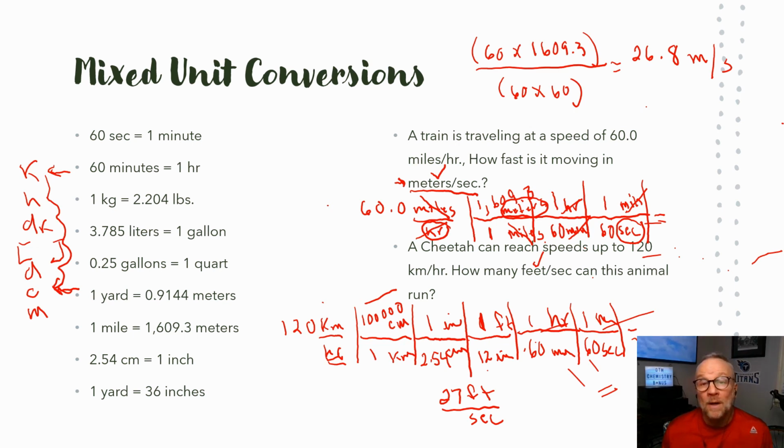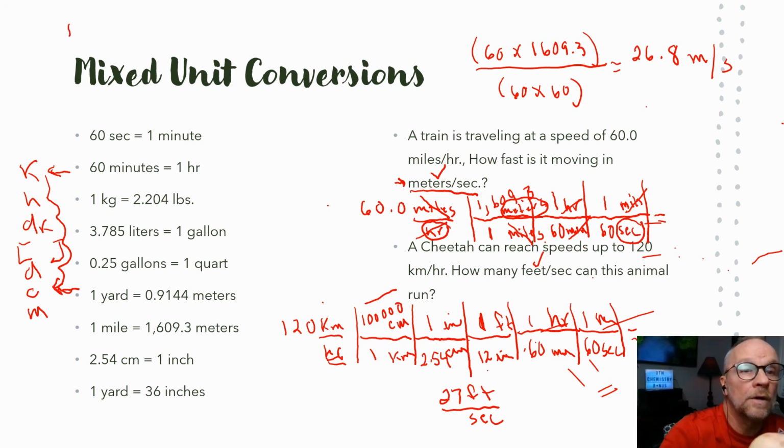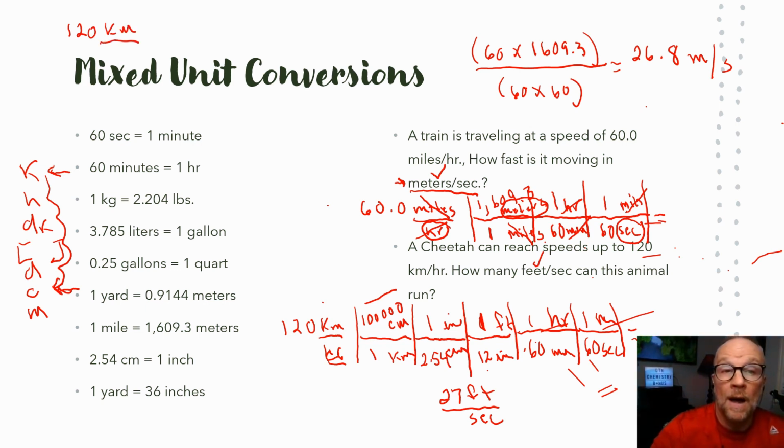And so you could also do a little problem and compare that to the meters per second that the train was traveling. And I'd encourage you to do that. It's a very similar problem, a little bit easier because you can go from kilometers to meters a lot faster, a lot easier. Let's do that up here. So you got 120 kilometers per hour, right?